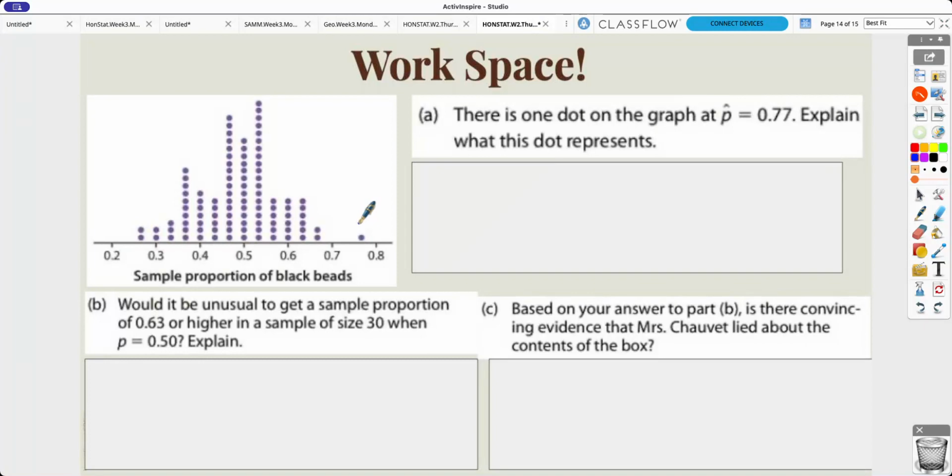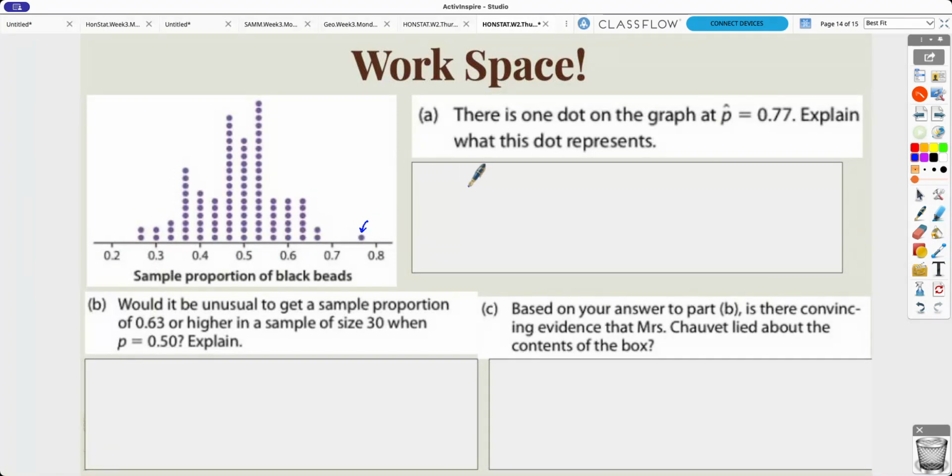Okay, let's answer these questions. So number 1, there is one dot on the graph at p hat equals 0.77 right here. What does this dot represent? Now we know that there are 100 dots here, each indicating one simulation, one sampling.